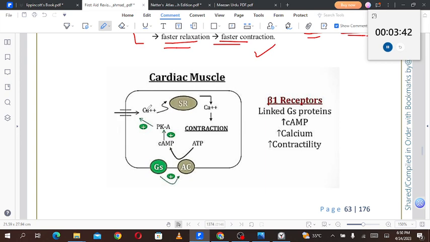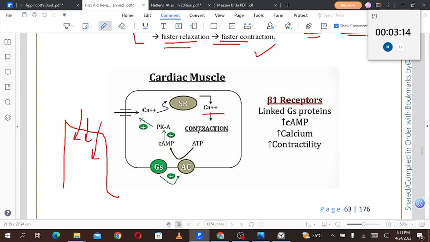Even the action potential triggered by sodium is also supposed to open the calcium channel during the plateau phase. So suppose this is the action potential triggered by sodium, then the calcium plateau phase was there, and then potassium. We'll see the detail of that later on. The calcium that moves inside the cell will act on the ryanodine receptor of the sarcoplasmic reticulum to cause the release of calcium.